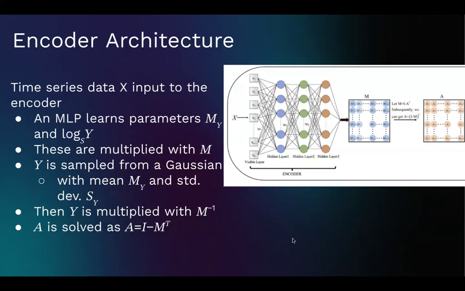These represent the mean and standard deviation of the probability distribution that will be used to sample this matrix M. Once these are learned, Y is sampled from a Gaussian with mean M and standard deviation S. Then Y is multiplied with the inverse of the matrix M, and from there they solve for the matrix A, which is the adjacency matrix.